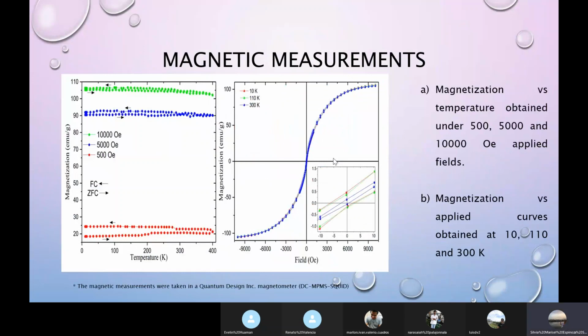Magnetic measurement. The magnetization as a function of the temperature under 500, 5,000 and 10,000 Oersted applied field in the temperature range 5 to 400 Kelvin.